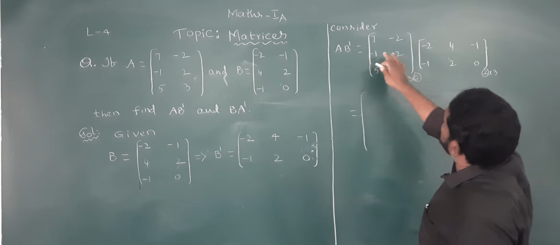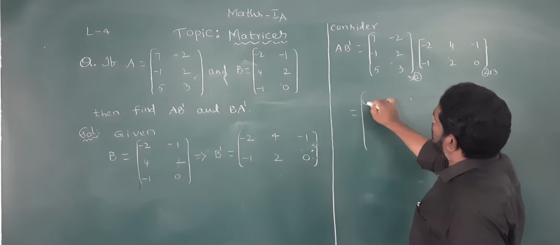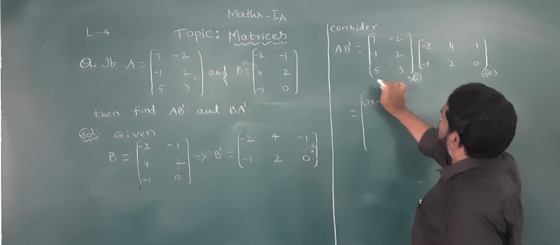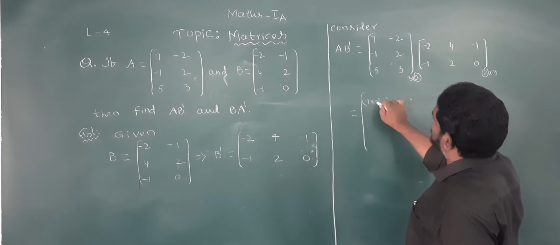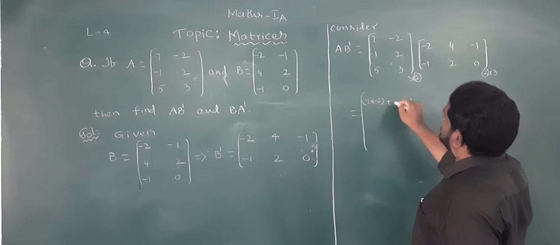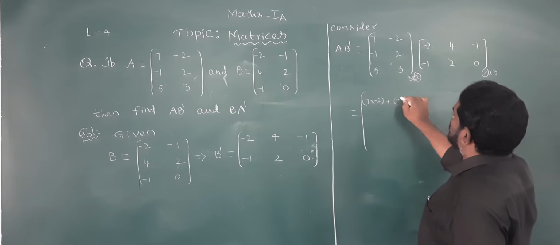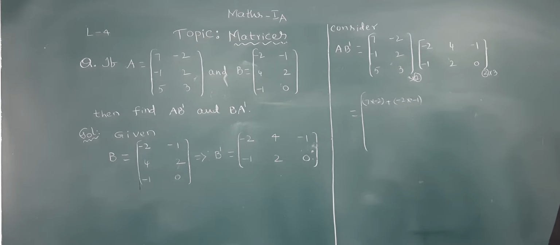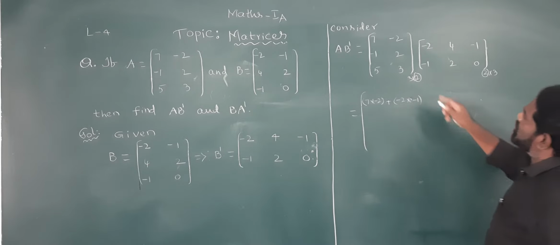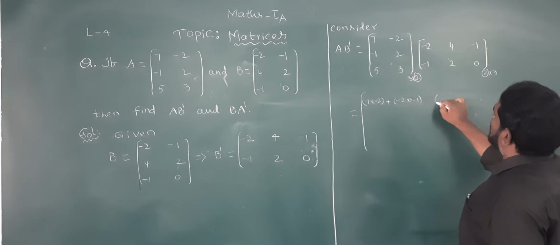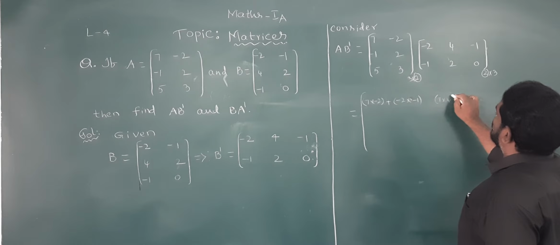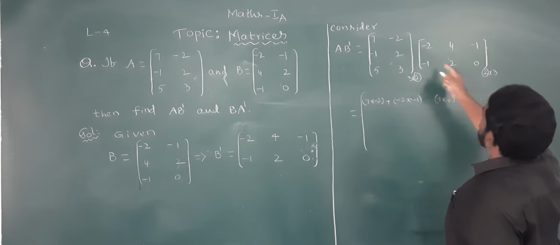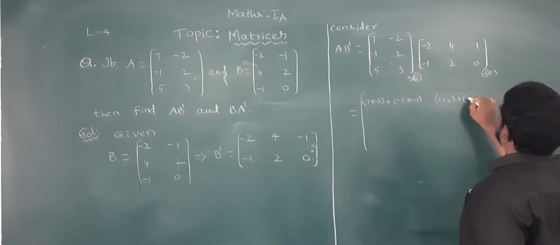We can write first row, first column: 7 into -2 plus -2 into -1. This is the first element of the resulting matrix. Next, first row, second column: 7 into 4 plus -2 into 2.